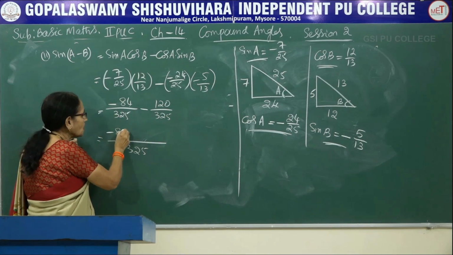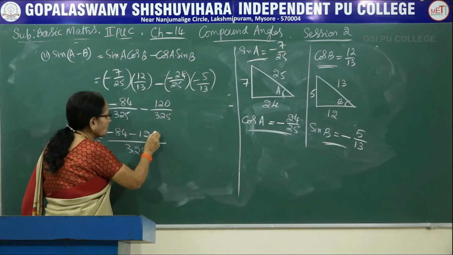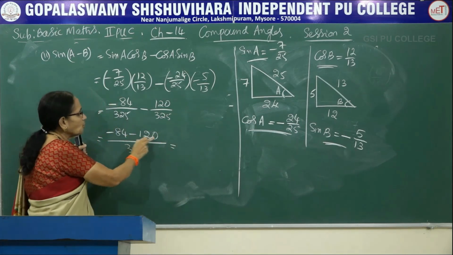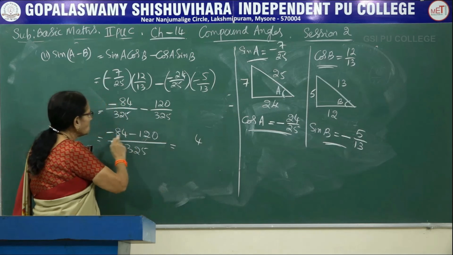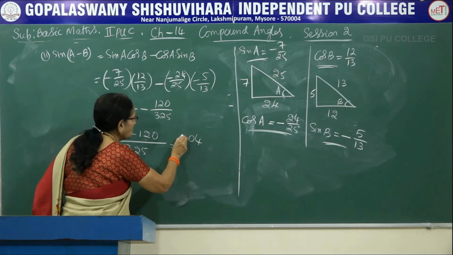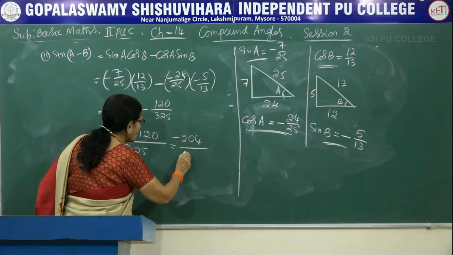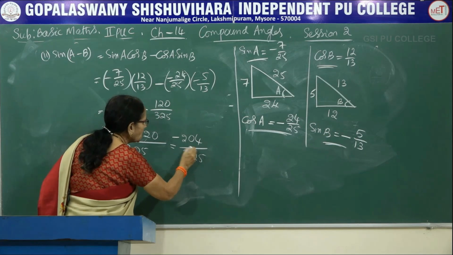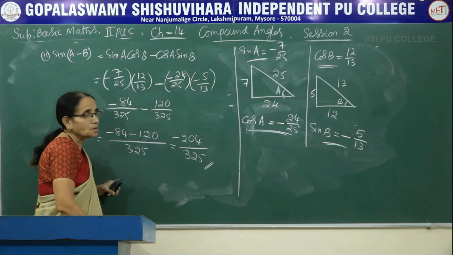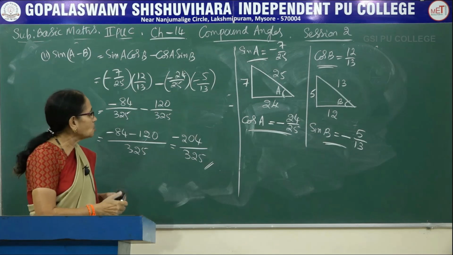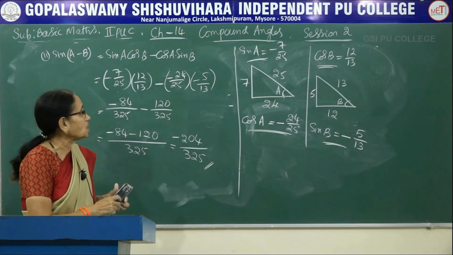Since both of them are negative, both the numbers have to be added. So 4 plus 0, 4, 2, 8 plus 2, 10, 1 carried it is. And since both of them are negative, we have to give the same sign to the answer. So this is also negative, minus 204 divided by 325.